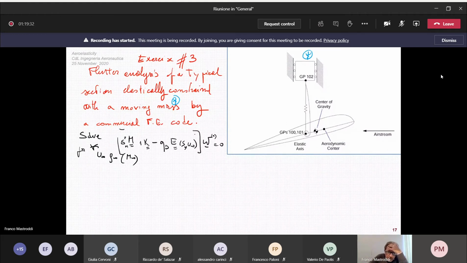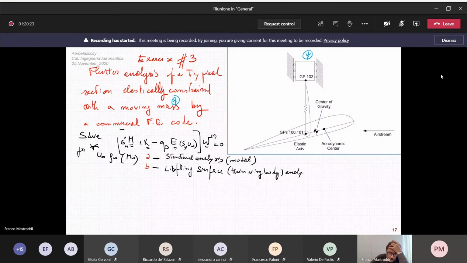Okay, and this code has a double level solution: structural analysis, modal analysis, and lifting surface, thin wing-body analysis.